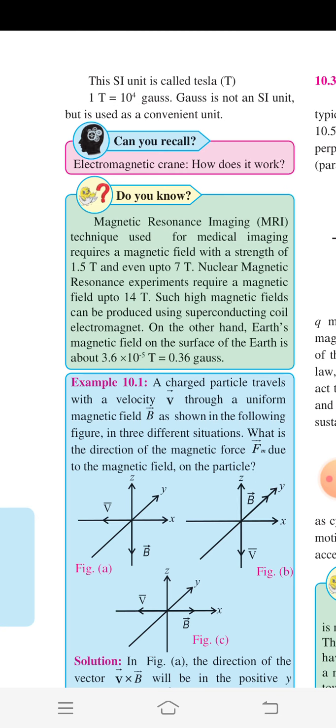Therefore, SI unit of magnetic field is the Tesla, which is equal to Newton second per Coulomb meter.